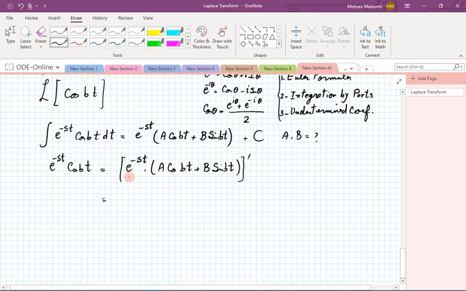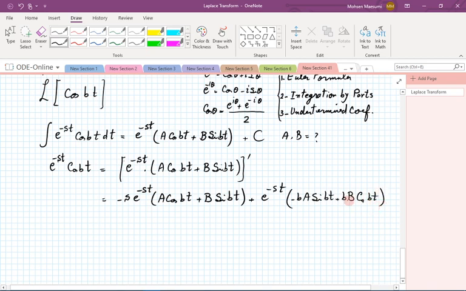The derivative of the first one, so I apply product rule, is minus s exponential of minus st times a cosine of bt plus b sine of bt, and then derivative of second times first, that is exponential of minus st times, well, I have a factor of b here, so it's going to be a b sine of bt and another b here, so it's going to be b capital B cosine of bt.